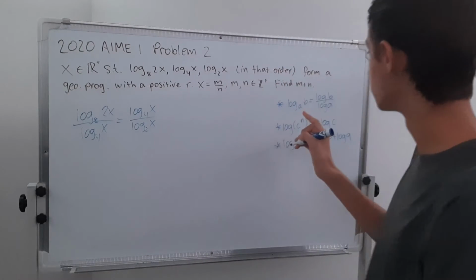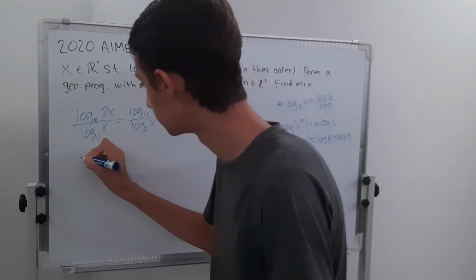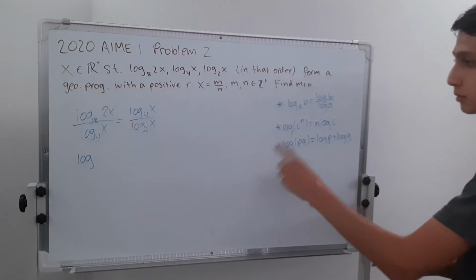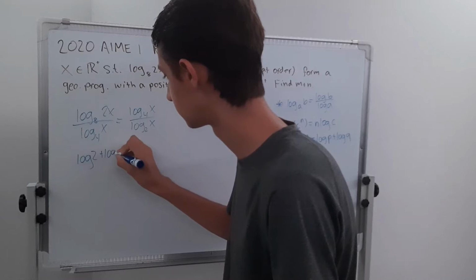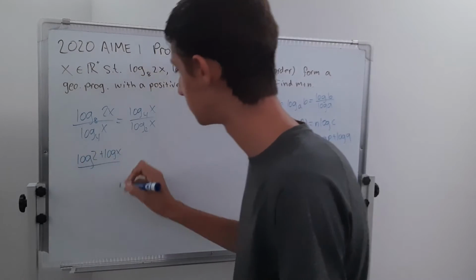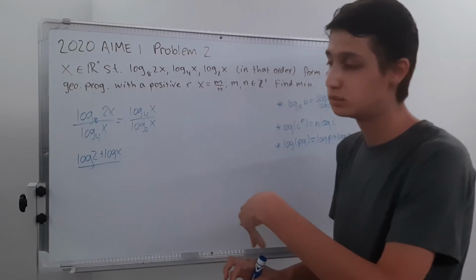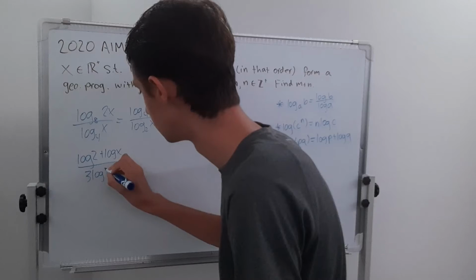So let's use the first one on all of them. Log of 2x separates into log 2 plus log x, divided by log of 8, which is log of 2 cubed, so we can make that 3 log 2.